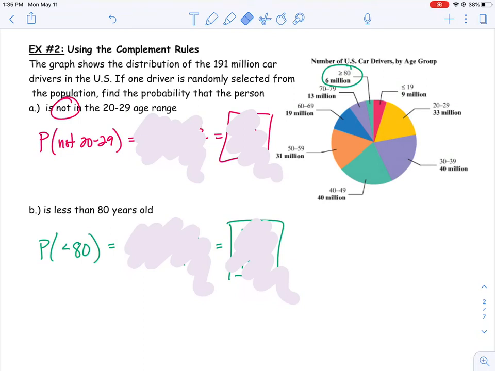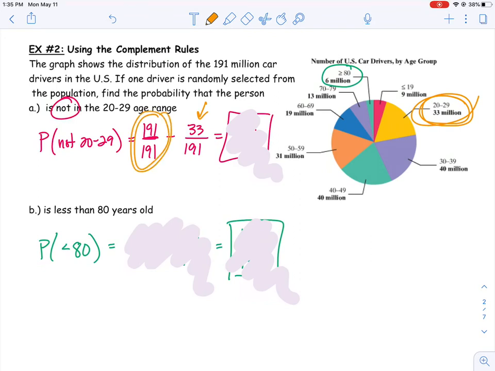The problem is our chart has a whole bunch of different numbers, and we could do it a couple of different ways. You could add up all the parts that aren't 20 to 29, or you can find the part that is 20 to 29, that's 33 million out of all of the 191 million, and subtract that from the whole. So I'm taking the 33 out of 191, and I'm subtracting it from the whole.